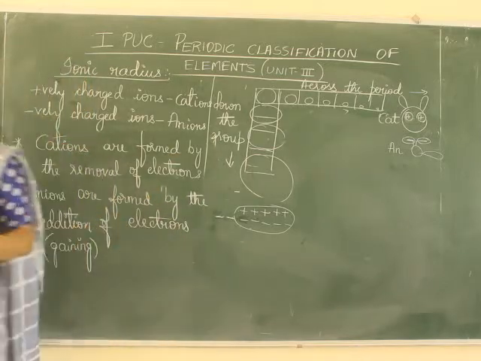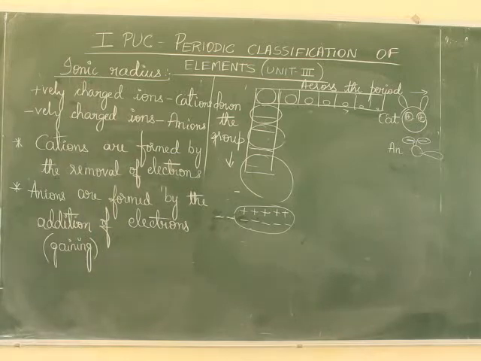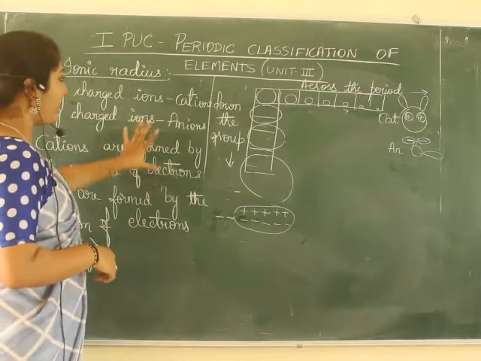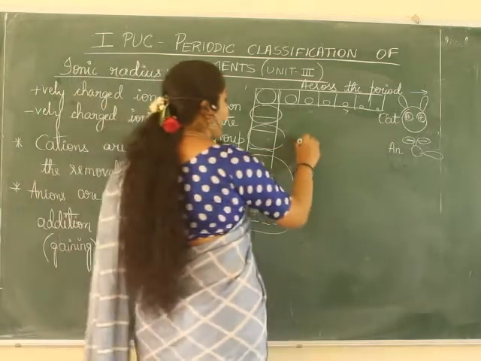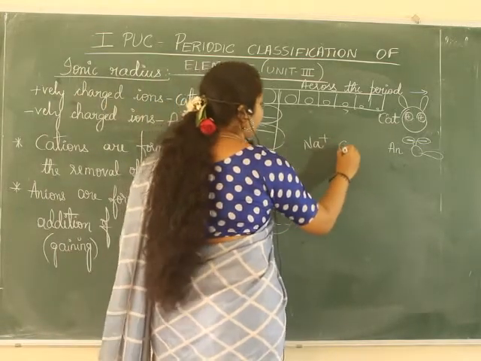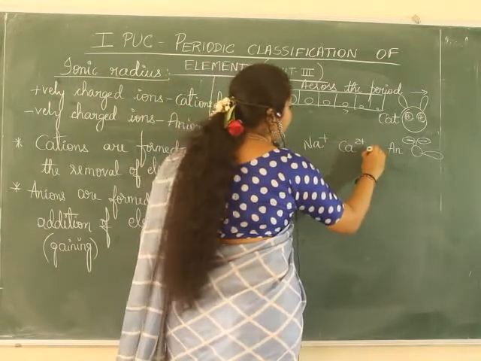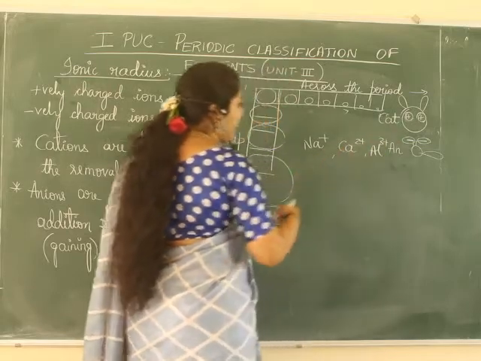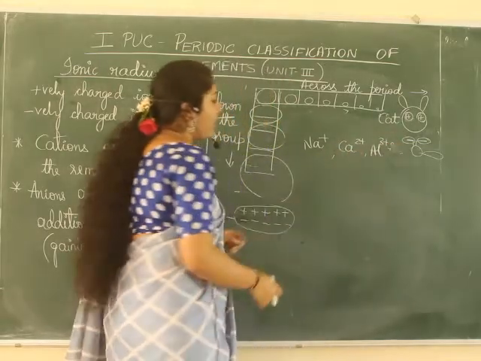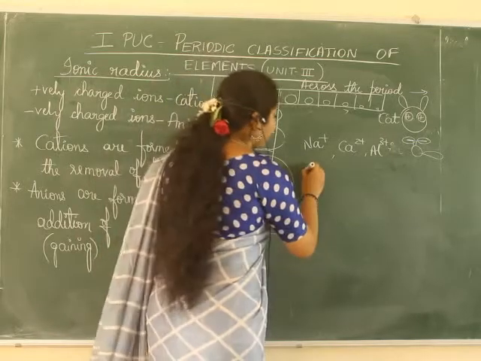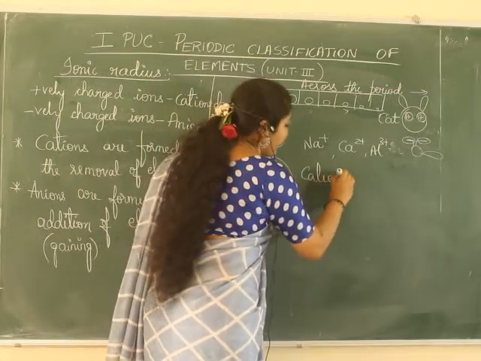Now let me explain further related to this. I need to tell you that these cations, positively charged species, say for example Na+, Ca2+, Al3+, all these are cations, isn't it? These cations will have size.